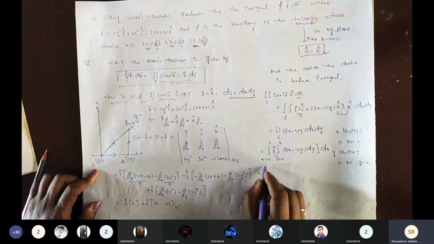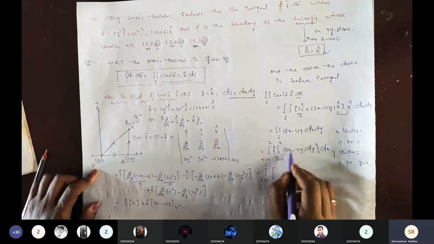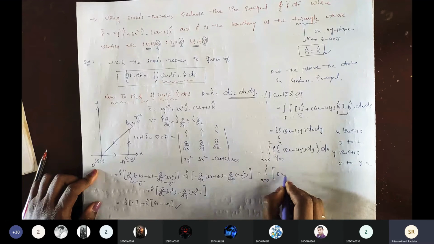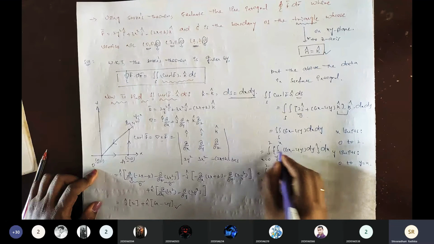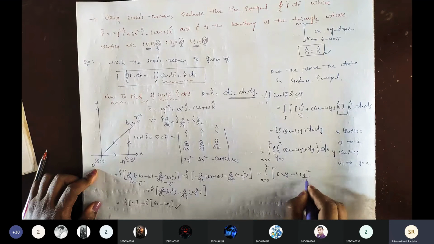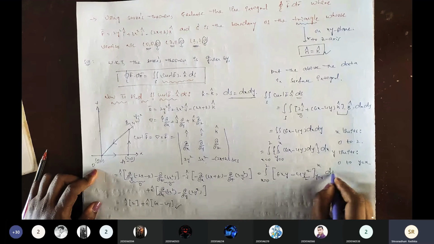Integration x equals 0 to 2. Integration of 6x dy: 6x is a constant, taken outside. Integration of dy is y, minus 4 into integration of y, which is y square by 2, with limits y equals 0 to x, dx.